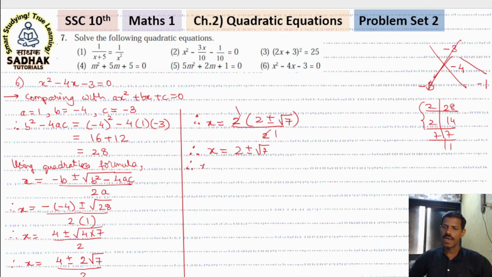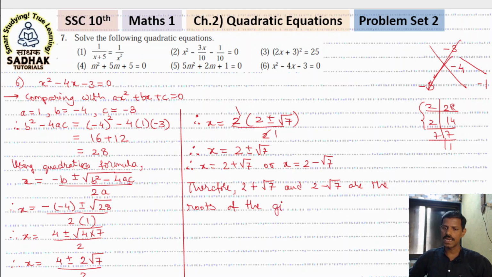Therefore x will be equal to 2 plus root 7 or x will be equal to 2 minus root 7. So these are the two roots of the given quadratic equation. Okay, therefore 2 plus root 7 and 2 minus root 7 are the roots of the given quadratic equation. So that is our answer.